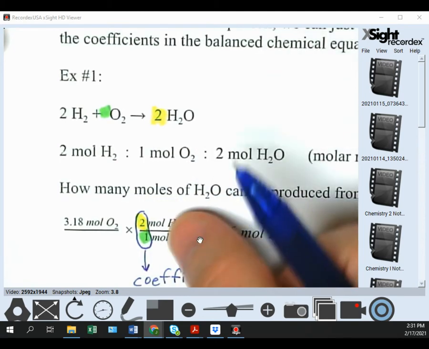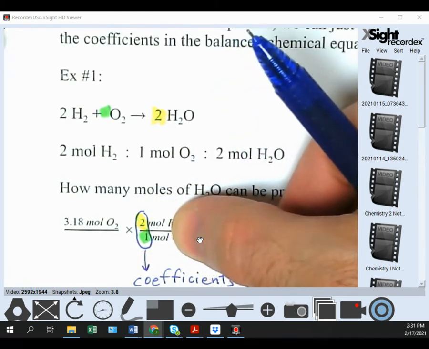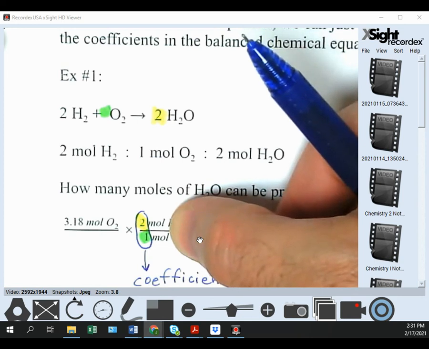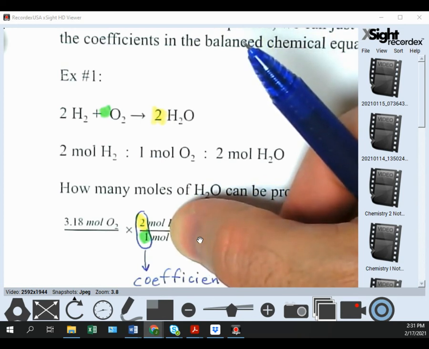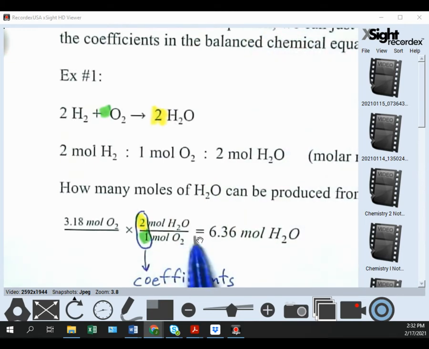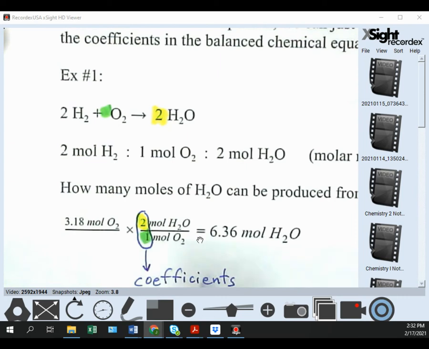So if you ignored the substance part like this, well, look at your labels. It's just moles to moles. That wouldn't make any sense. How do you know what numbers to put in for? You don't. That's why you have to have both parts of the label. Okay, the moles and the substance. Because here we're actually changing substances in this unit. Okay? Questions?